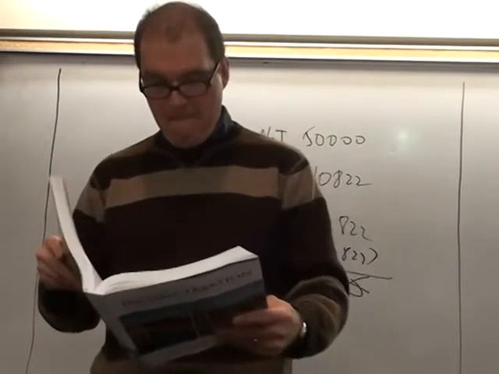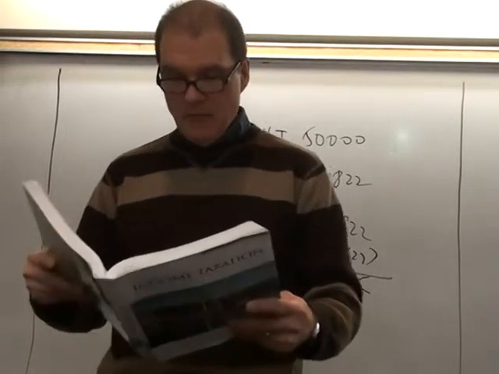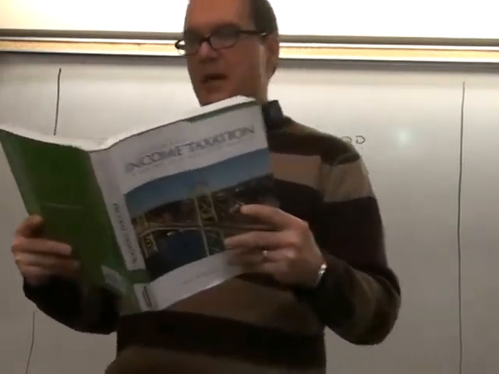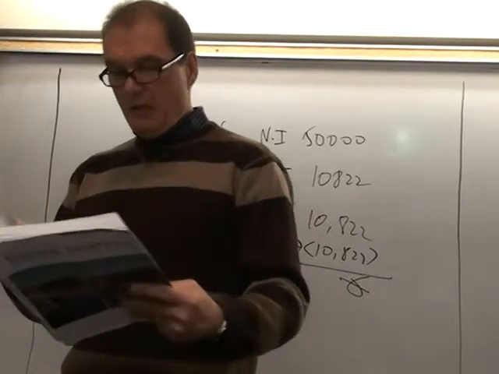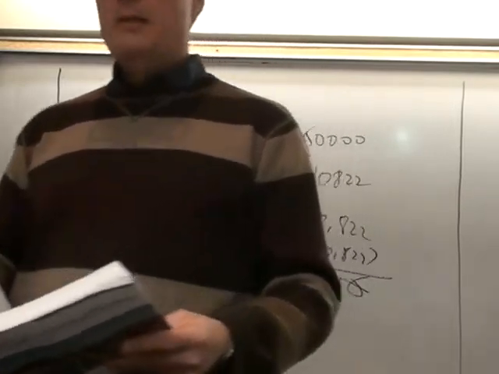In addition to claiming my basic personal amount, and maybe a spouse credit for my wife, I take $40,000 minus 33 something, multiply that by 15%, subtract that from $6,720, times 15%.